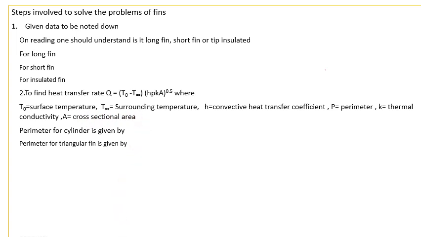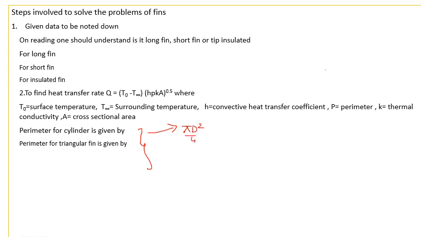The cross-sectional area once again depends on the shape. If it is a cylinder, the cross-sectional area is given as pi d square by 4.